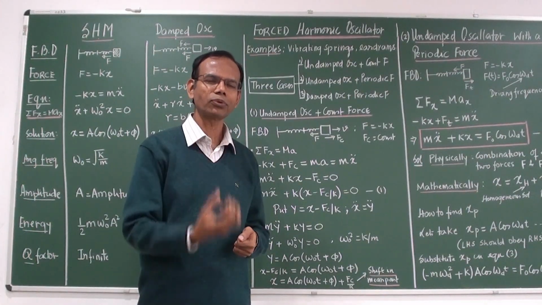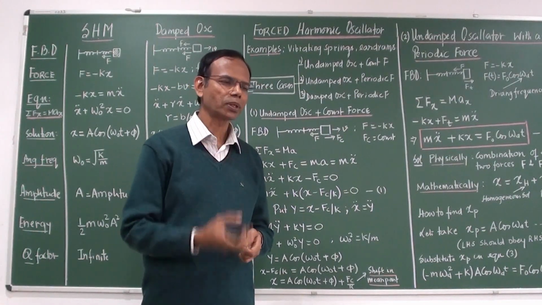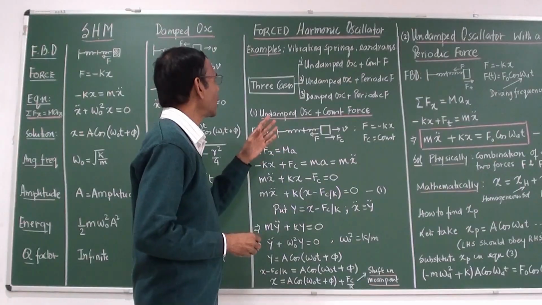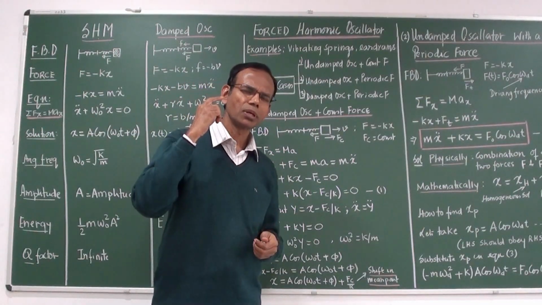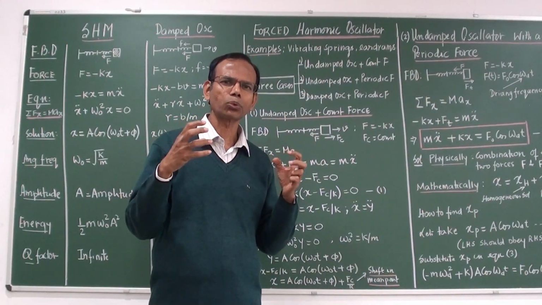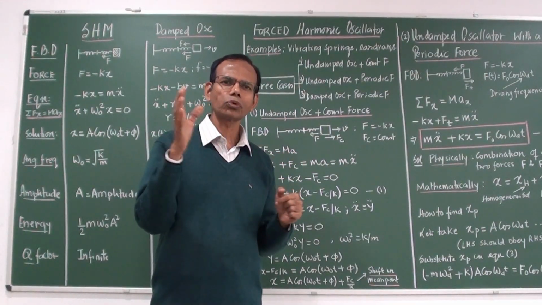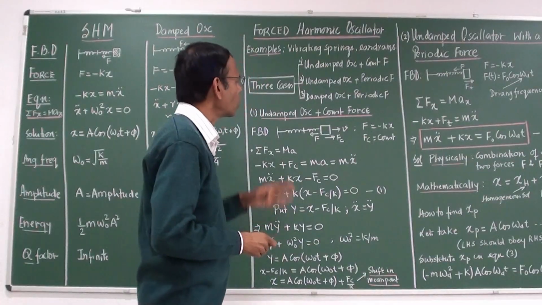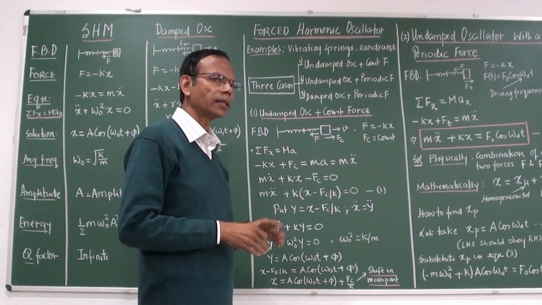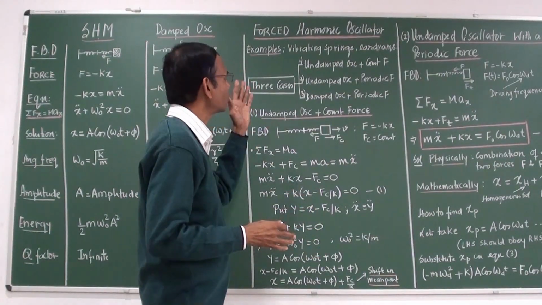There is a constant force, gravity, and the mass is oscillating attached to the spring. Another example is our eardrums. Whenever we hear sound, they are constantly forced to oscillate. So there are a lot of examples in everyday life and also in industries.